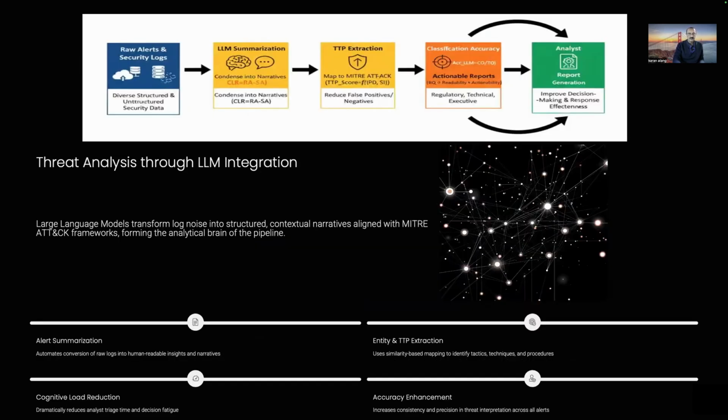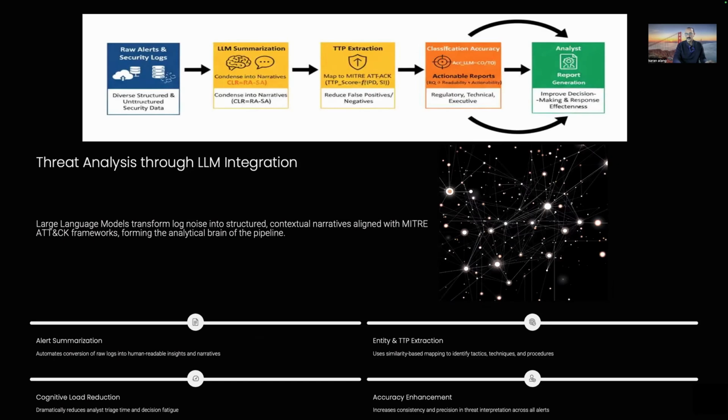Let's look at how LLM integration helps in threat analysis. The key parts are alert summarization, right? It automates conversion of raw logs into human-readable insights and narratives. It does entity and TTP extraction. Essentially, it uses similarity-based mapping to identify tactics, techniques, and procedures.